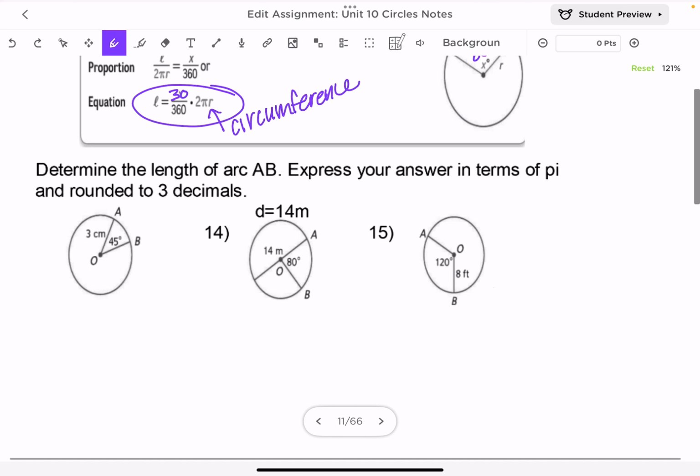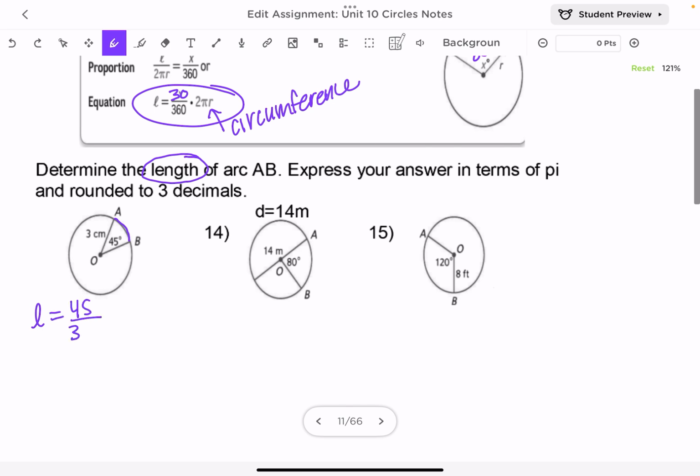All right, so let's do these questions. It says determine the length. Notice it's saying length. If this said measure of AB, the measure is 45. But the length is like if we were to cut it off, put it down on a ruler and measure it, how long would it be? Then it says express your answer in terms of pi and rounded. I'm probably just going to do the in terms of pi answer. So I'm going to have my length equals 45 over 360 times 2 pi r, which is 3.